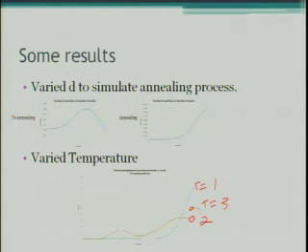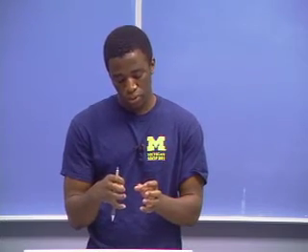What this shows me is that at T equals 1, I'm able to get more bonds to form. When the particles move around too much, they're more likely to get away from each other. When they're moving around less, once a bond breaks, they're more likely to form that bond again, since they're all right there.